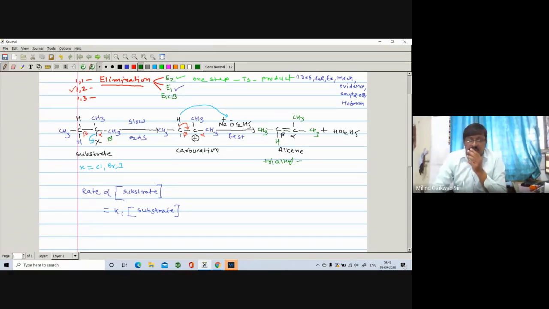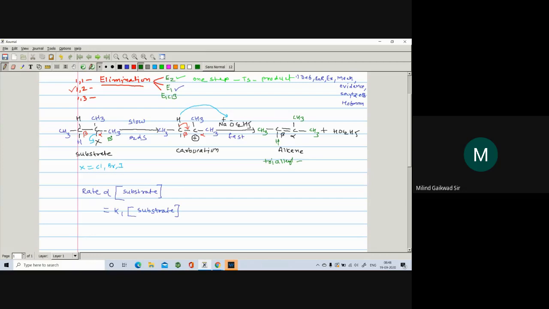But again, there is one more possibility. This carbon is a beta. It is also beta, right? So there is a presence of 1, 2, 3 beta carbon atoms. There are three types of beta. Even we can write beta dash here also, so it is a beta double dash.